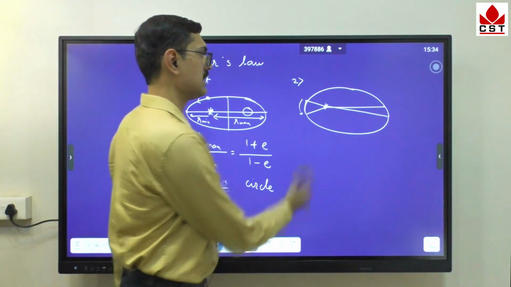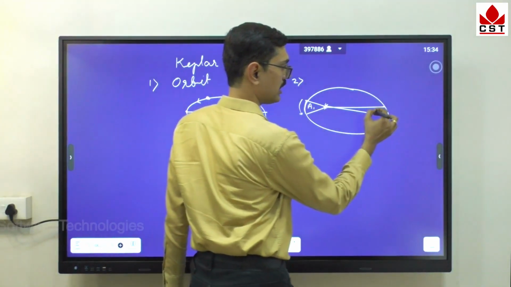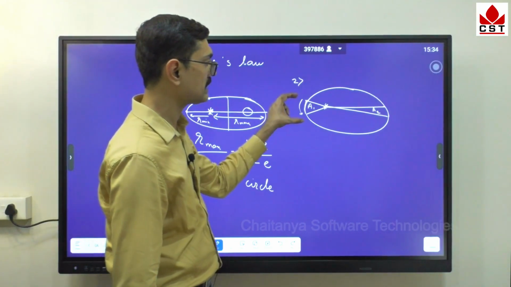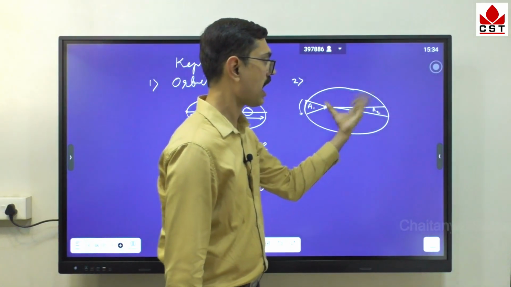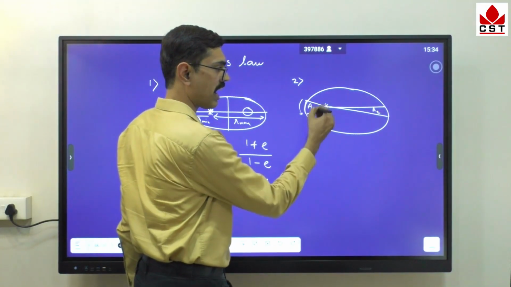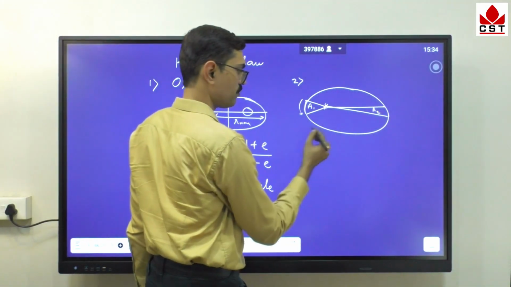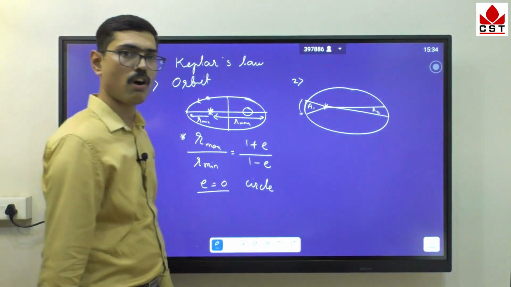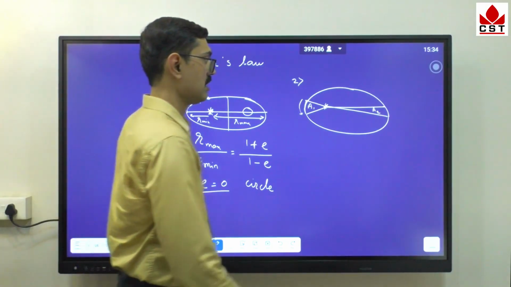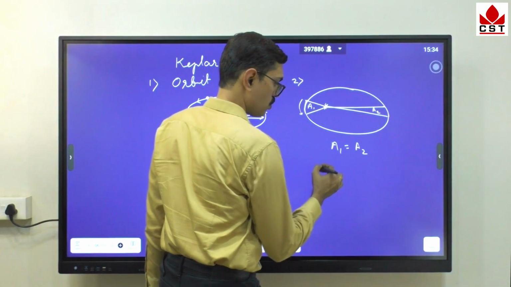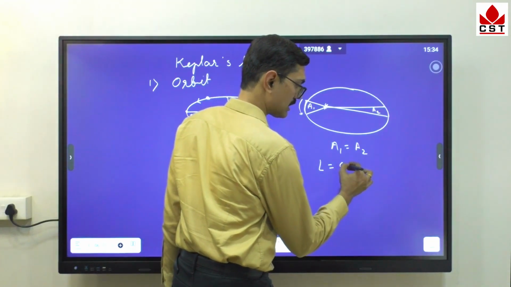Therefore this area A1 and this area A2 are exactly equal. Area is half base into height. Therefore the total angular momentum of the planet remains the same. When A1 is equal to A2, angular momentum is constant.